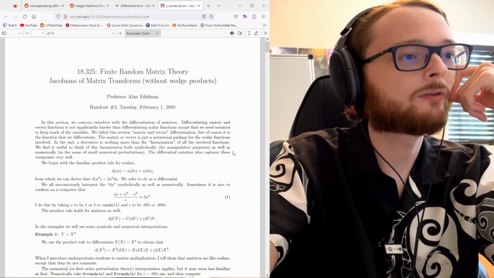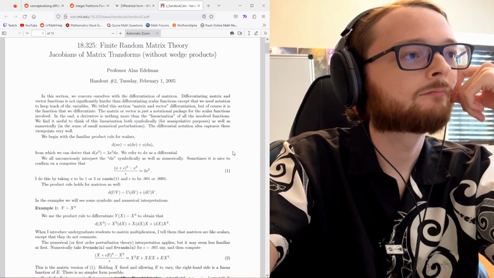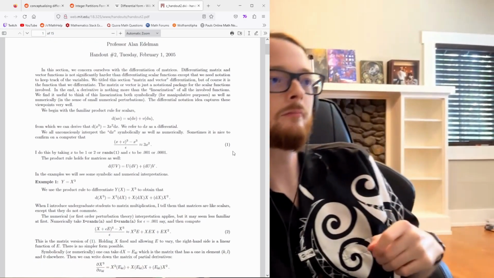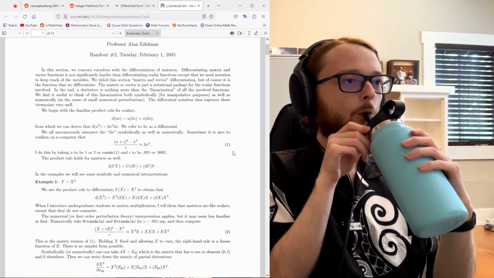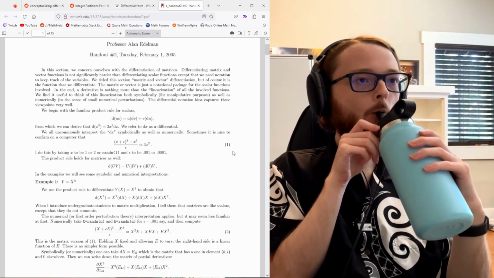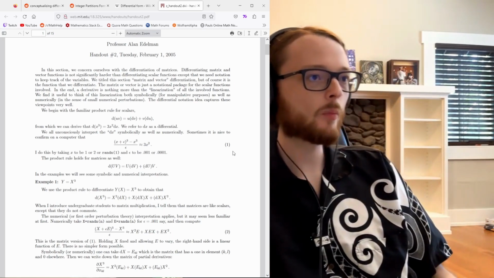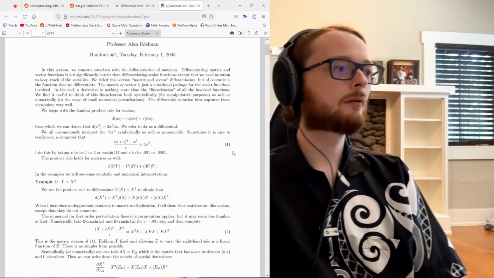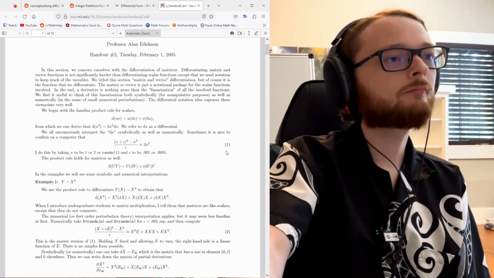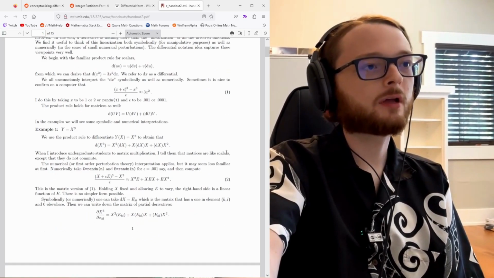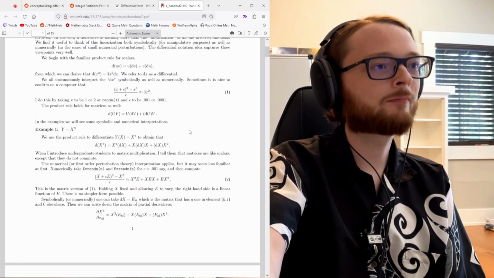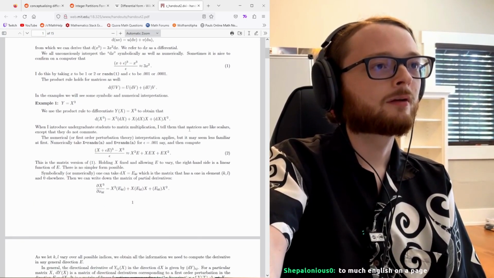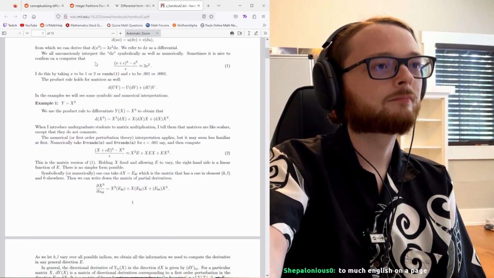Differentiation of matrices, okay. I'm not sure. I don't know enough about this to know how it would apply to the problem.